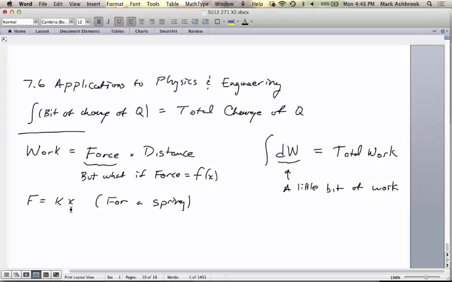So there's a natural length of a spring. If you extend it from its natural length x more distance units, there will be a force required to hold it there, because it wants to pull back. Okay, so that's what x is. X is the amount of displacement from its natural length.